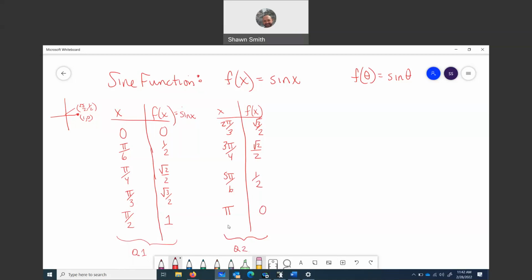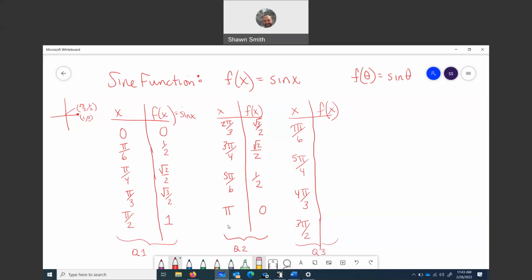All right, continue on to quadrant 3. In quadrant 3, you would get to 7 pi over 6 first, and then 5 pi over 4, and then 4 pi over 3, and then 3 pi over 2. Same thing we just did over here.